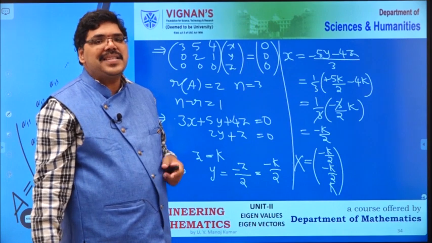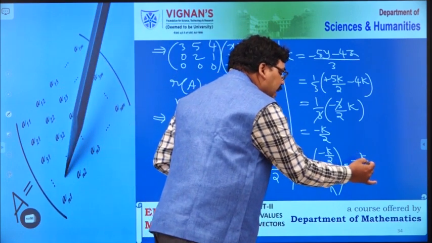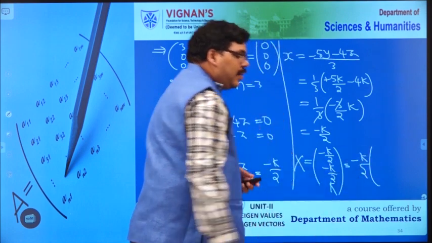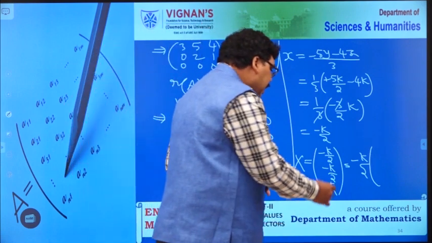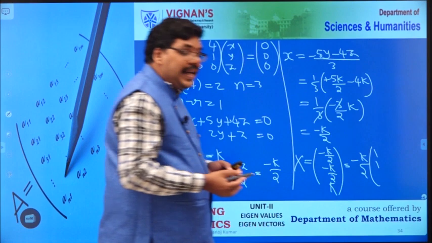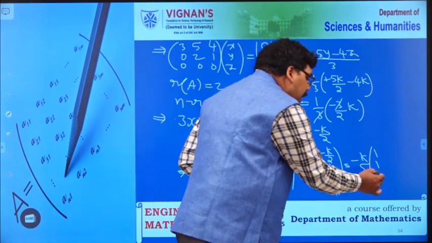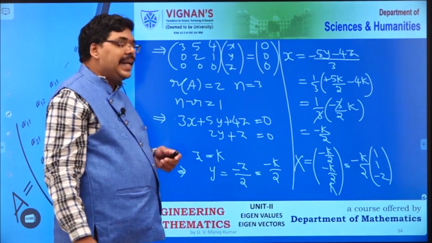Here I will take minus k by 2 common. If I take minus k by 2 as common, then I will get 1, 1, and minus 2 here. So 1, 1, minus 2, this is the second eigenvector.